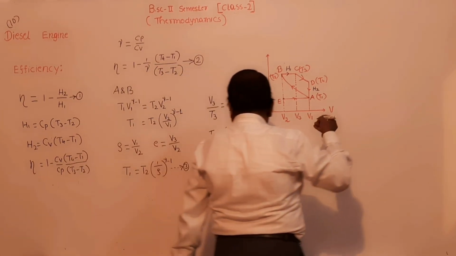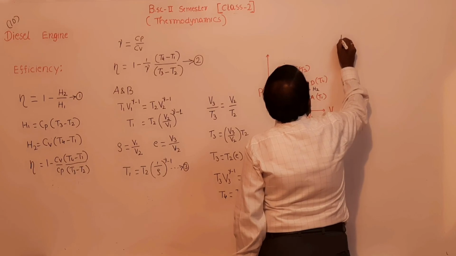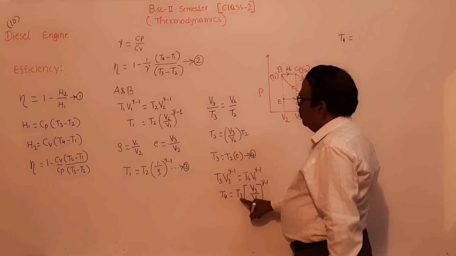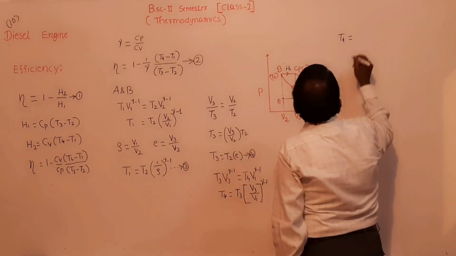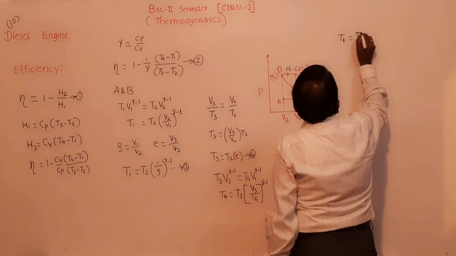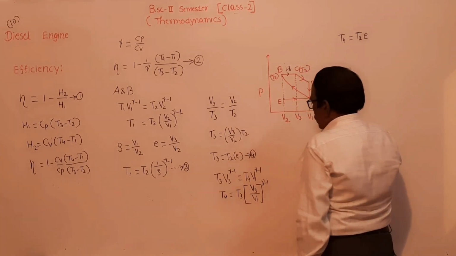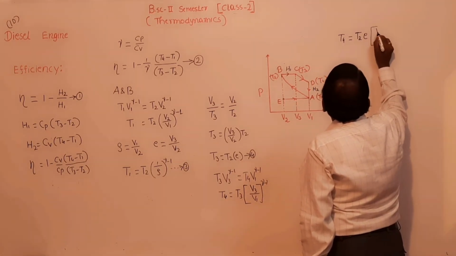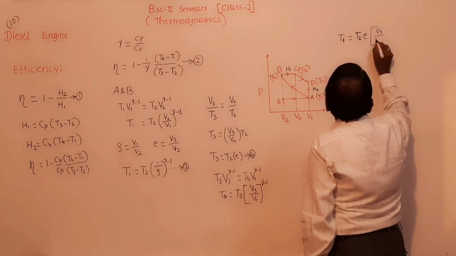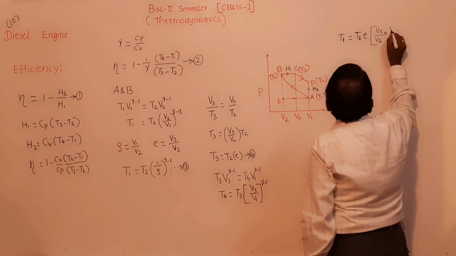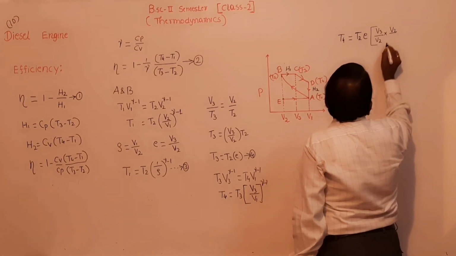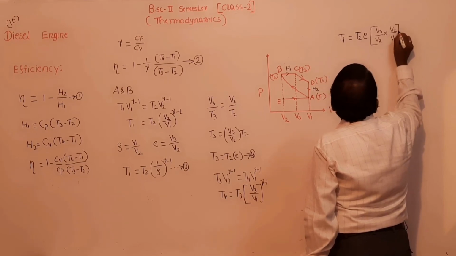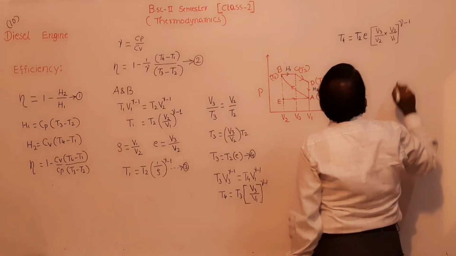Or this is T4 is equal to, what is this T3? T3 is T2 into E. And this I will write as V3 by V2 into, again this cancels, V2 by V1 to the mu minus 1.